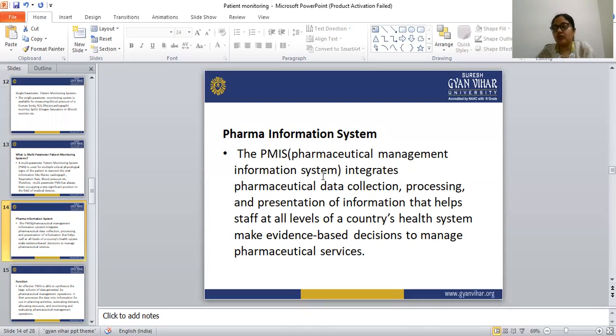It is quite a complex system which is used by the pharmacist for monitoring how medication is used in the hospitals.